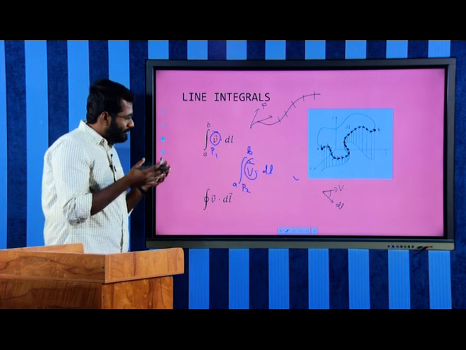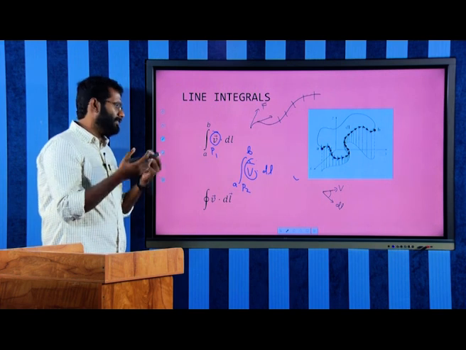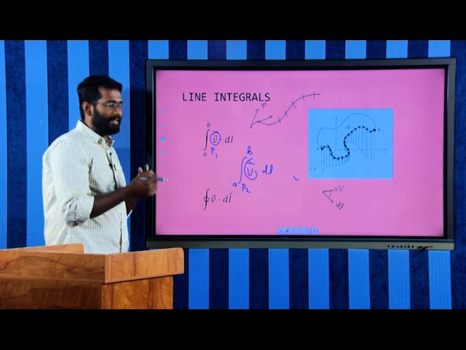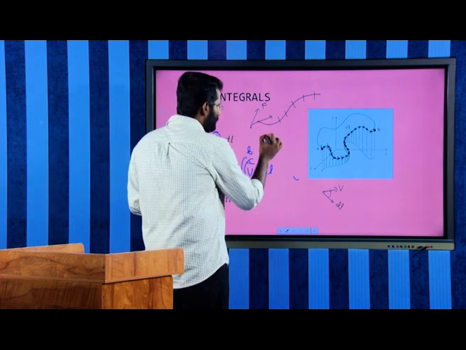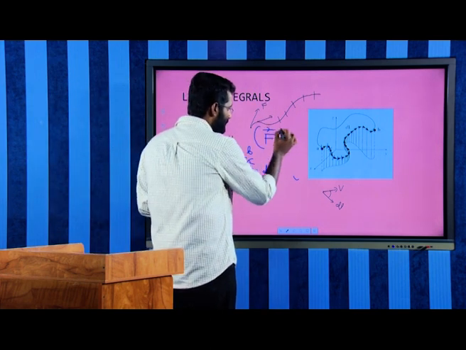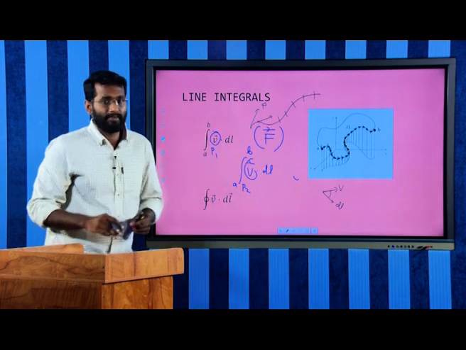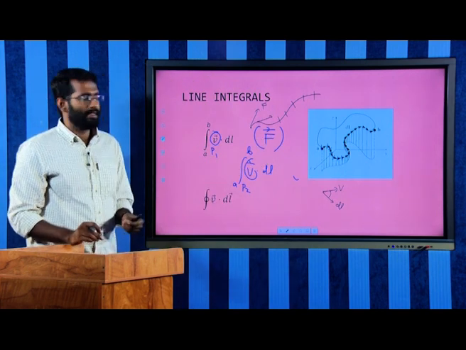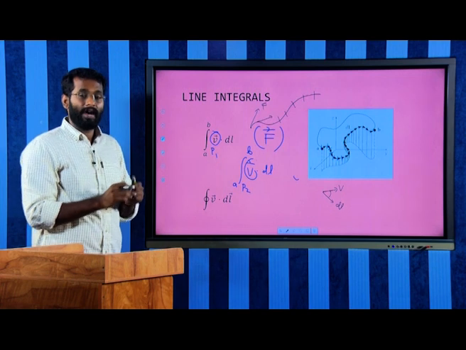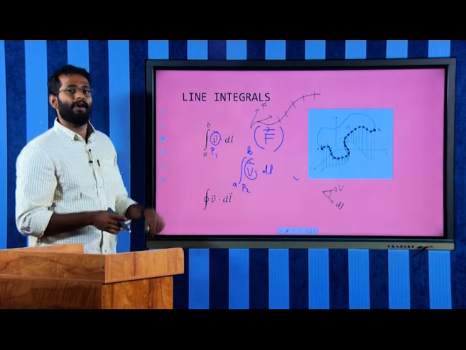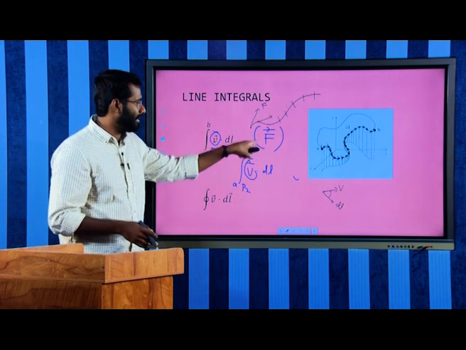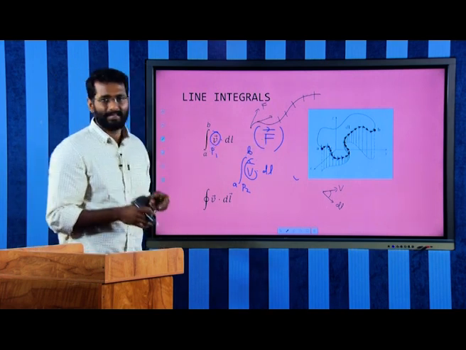These are called conservative fields. We have already learned that there is a kind of force called the conservative force. For conservative forces, the work done is the same whatever path you follow, that is, the work done is independent of the path. Then we call the force F conservative.